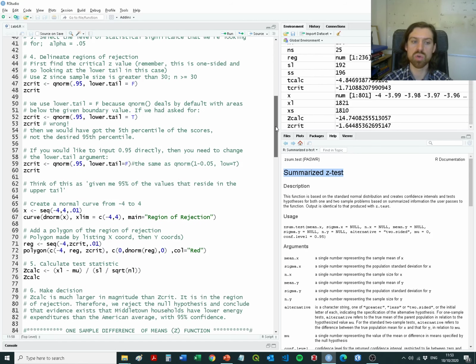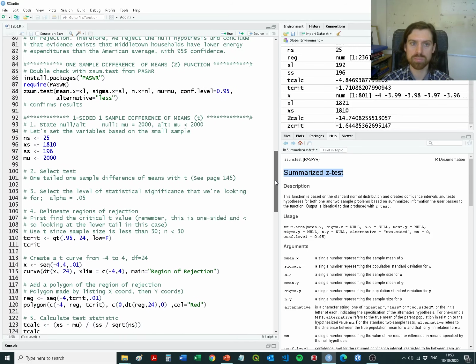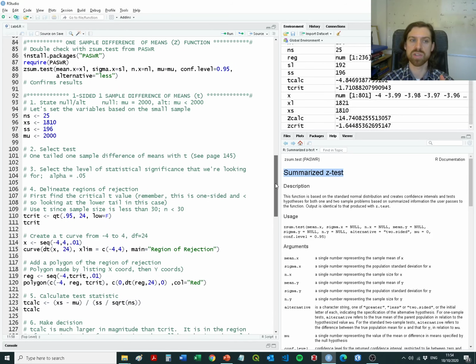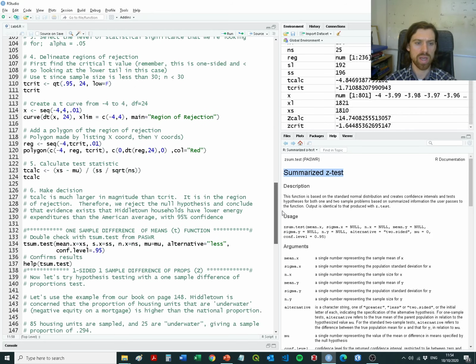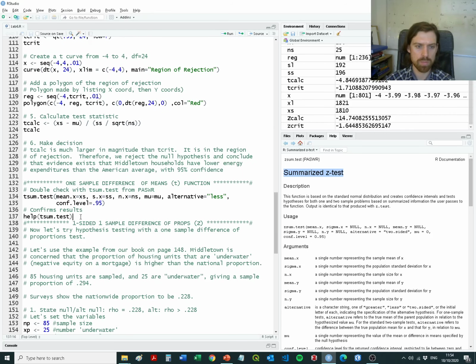Hopefully that gives you a good understanding now of those tests, because we've calculated them in the lecture, we've calculated them manually here in the code, and we've actually regenerated the results using the automated functions. Okay, so let's move on now.